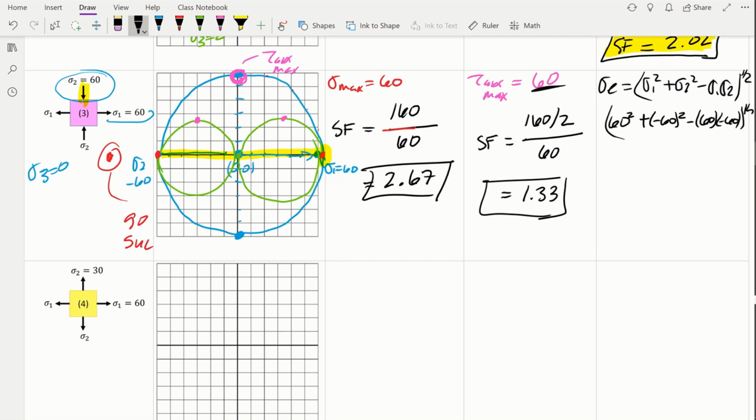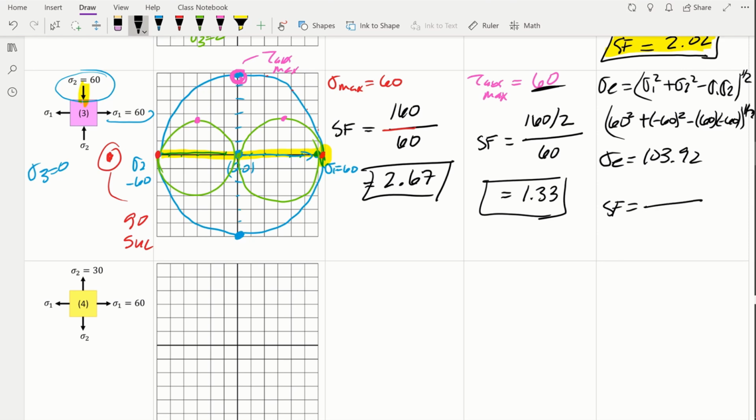Everything to the 1/2 power. If I did not make any mistakes on this one, I am calculating the equivalent strength to be 103.92 megapascals, right?